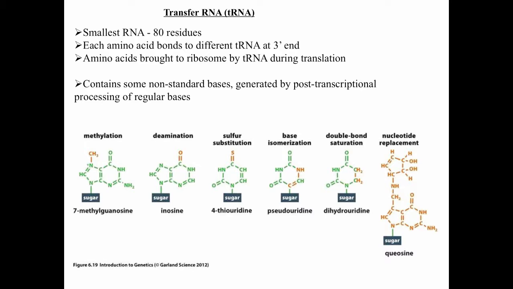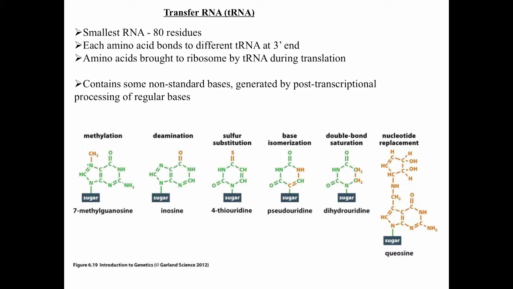So now transfer RNAs. Again, these are smaller RNAs, approximately 80 bases. At the 3' end of the transfer RNA sequence, there is an amino acid that's going to covalently bond to the 3' end.